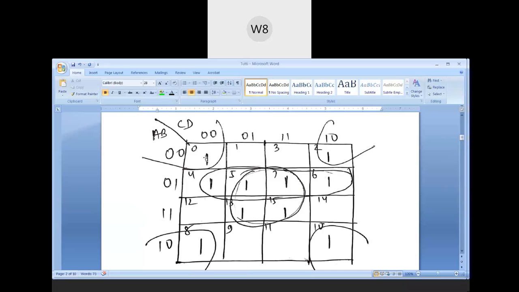So here, for example, we have cell number 0, cell number 2, 4, 5, so on and so forth, up to 15. So once we fill with 1, we will of course have to try to find the largest possible group of neighboring 1s, and these groups should be a group of 2, group of 4, or group of 8.